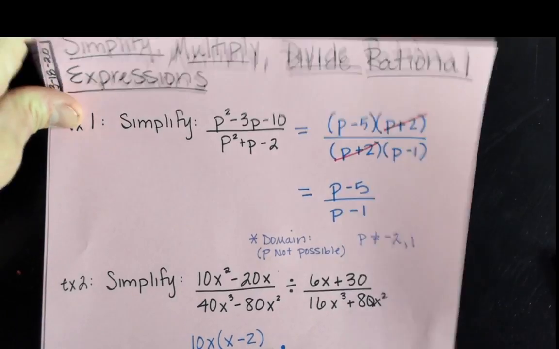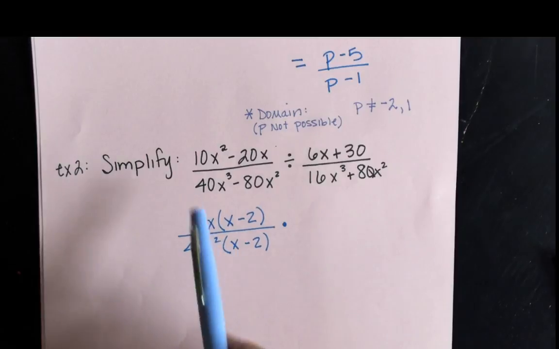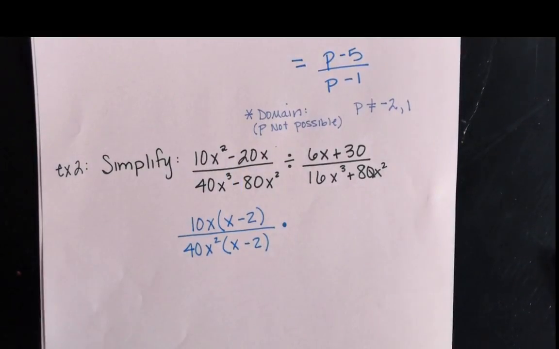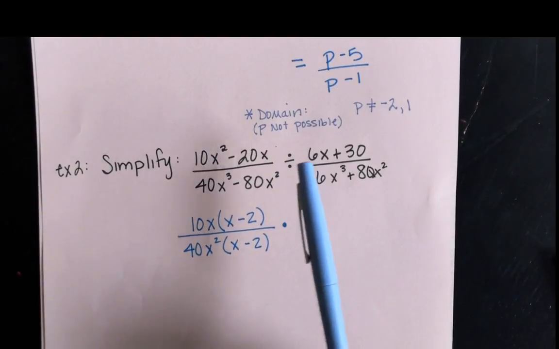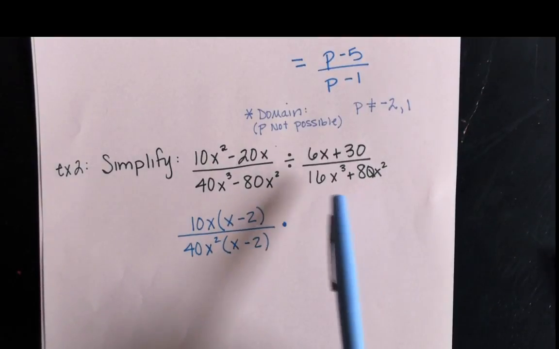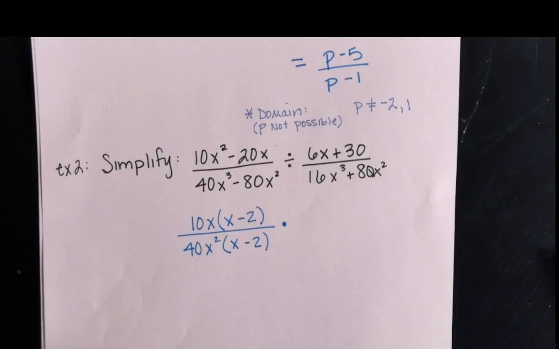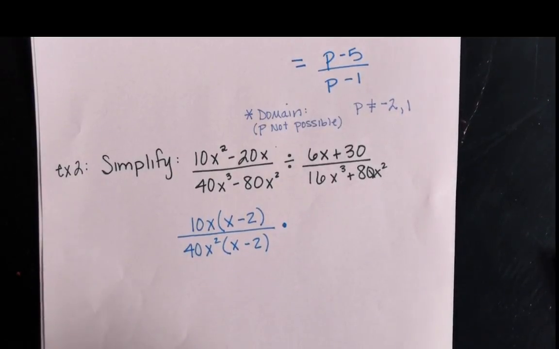I did start the second problem that I had for review. I have 10x squared minus 20x over 40x cubed minus 80x squared. That's going to be divided by 60x plus 30 over 16x cubed plus 80x squared. Again, keeping in mind that as I'm doing the problems, I'm going to factor as I go.